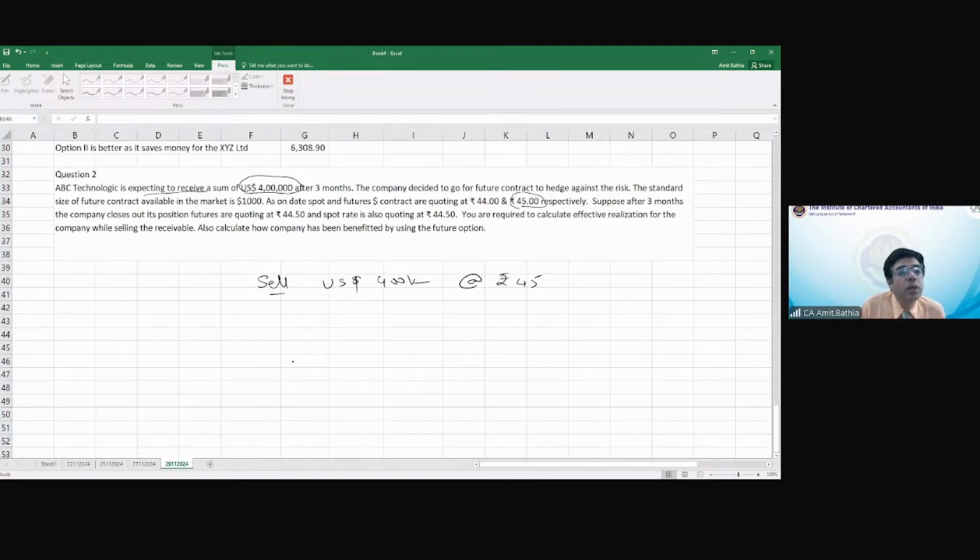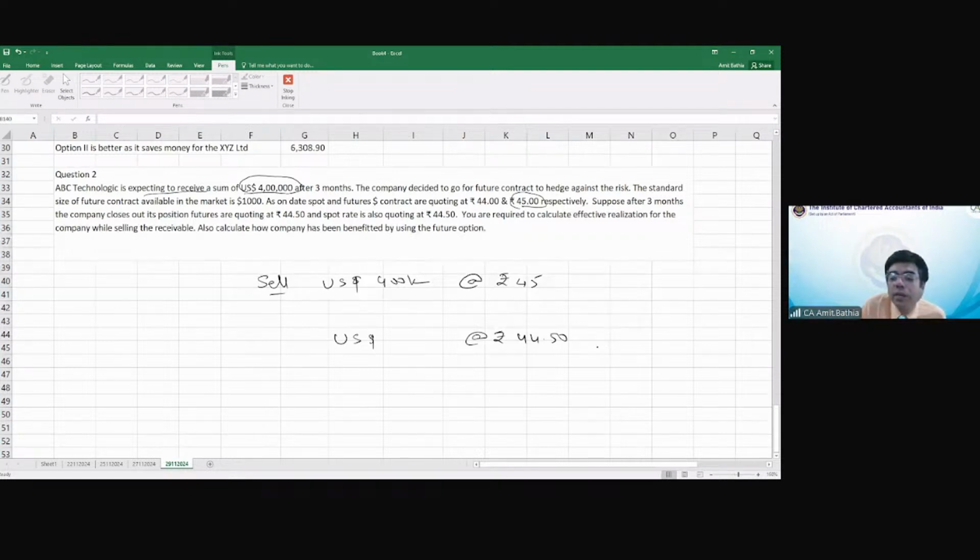Yes, sir. Now suppose after 3 months, company closes out its position, futures are quoting at rupees 44.50 and spot rate is also quoting at rupees 44.50. Fair enough. So after 3 months, the prevailing rate is 44.50, right?